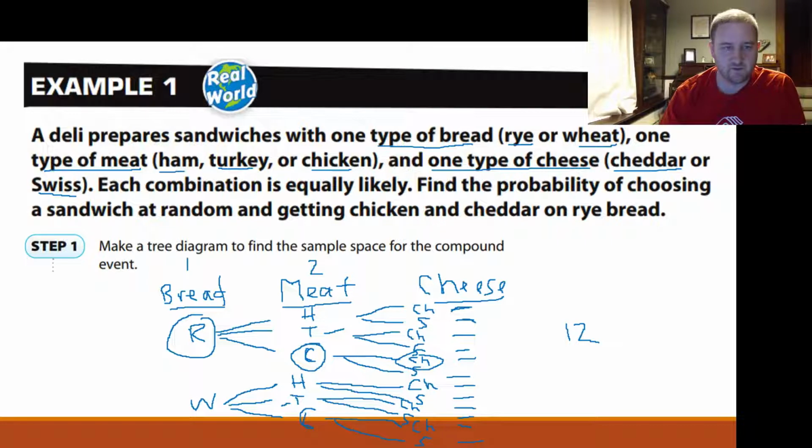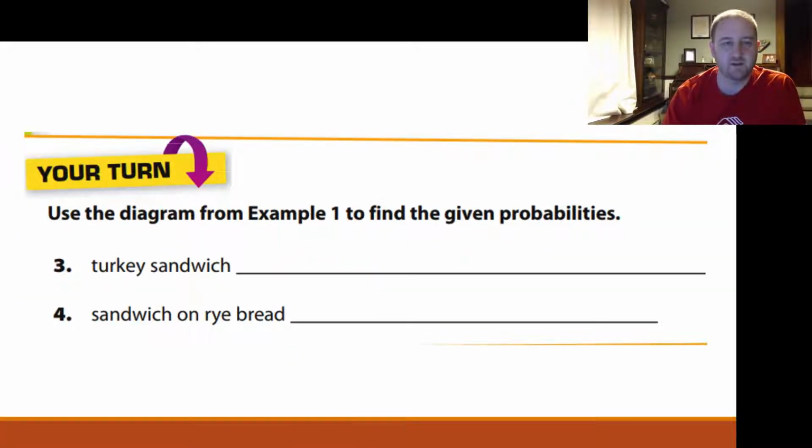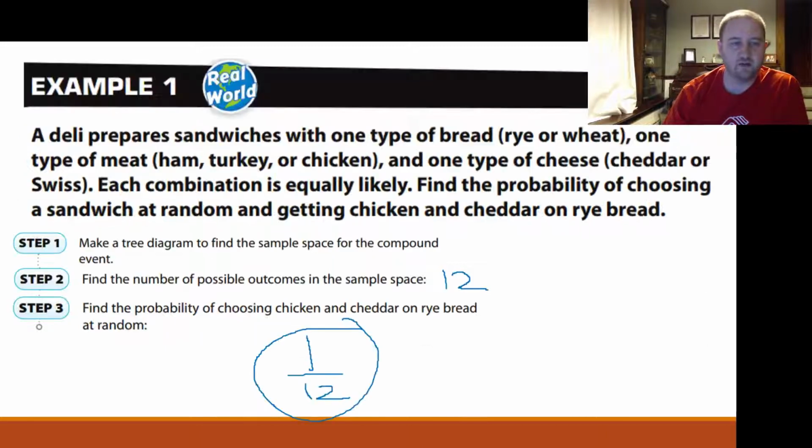So rye, turkey, and cheddar; rye, turkey, and Swiss; and then wheat, turkey, and cheddar; and wheat, turkey, and Swiss. Here's 2 outcomes, and that's 2 more outcomes. So that gives us a total of 4 possible outcomes, which is 4/12, which reduces to 1/3.